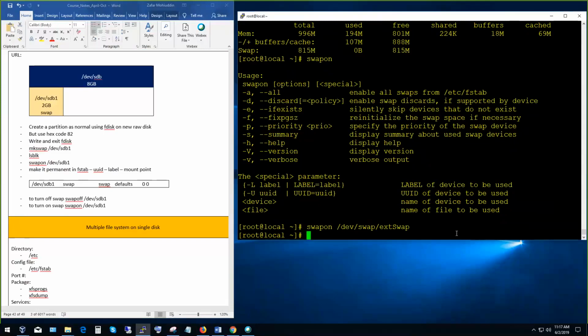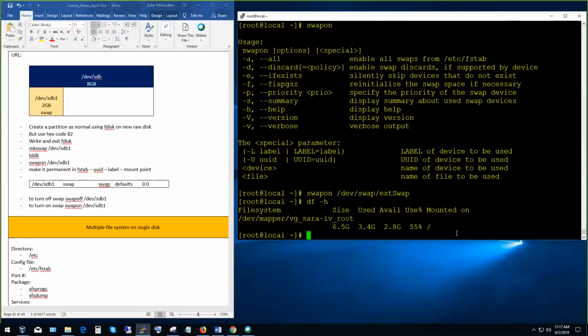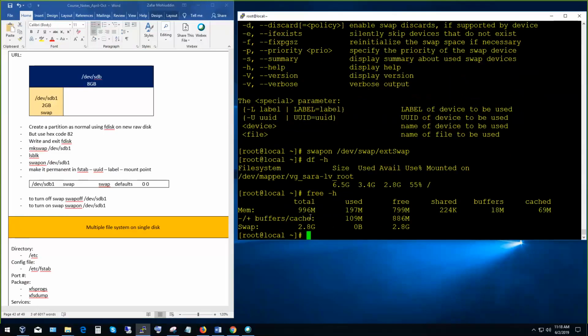swapon /dev/swap. Okay, and so when I do free -h, it should have increased, right? So it did increase. So we gave 2 GB, so we added 2 GB, about 2.8 GB.